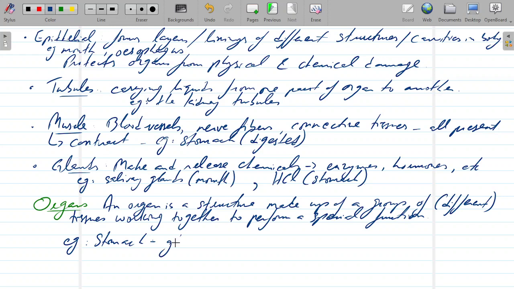You've got glands, you've got epithelial cells, you've got muscle cells. So you've got all of these tissues present in the organ that is called the stomach, right? And you've also got a supply of blood vessels. So you've got vasculature, as it's called.